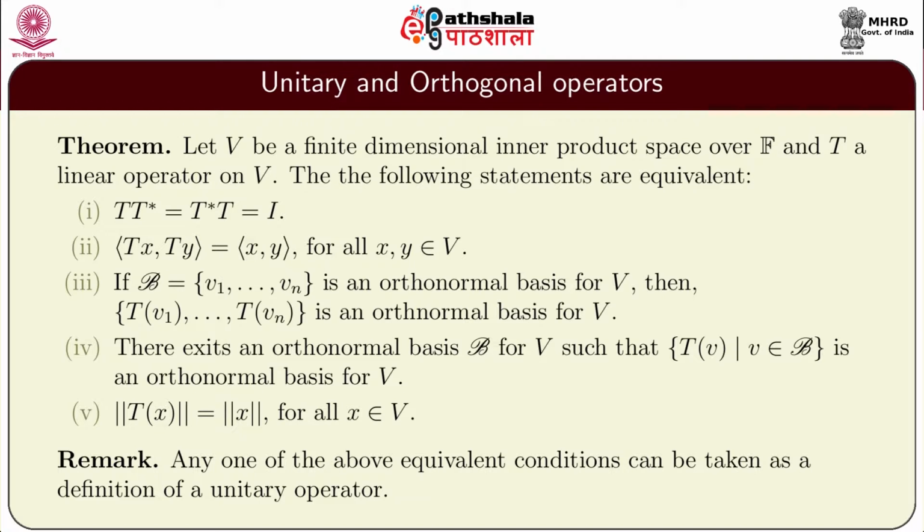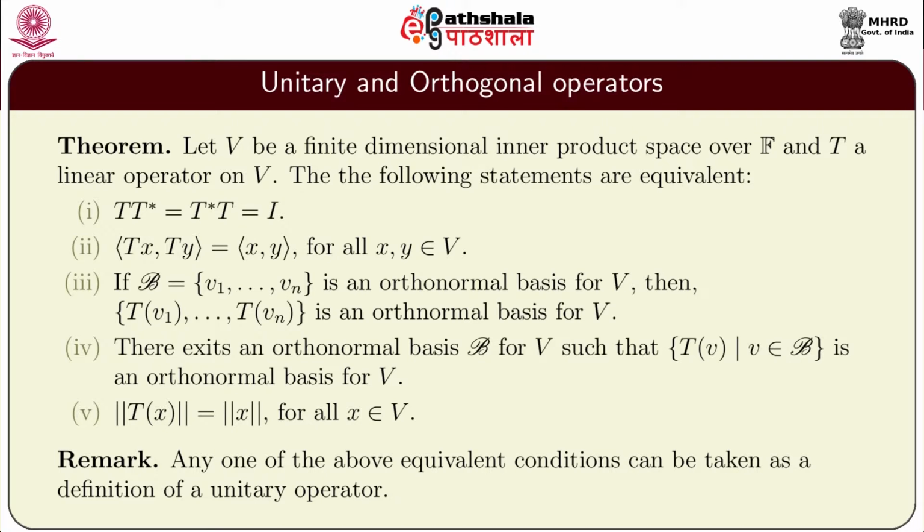Statement 1: T star T is equal to T T star is equal to I. 2: inner product Tx, Ty is equal to inner product x, y for all x, y in V. 3: if B is equal to the set containing v1, v2, ..., vn is an orthonormal basis for V, then the set containing Tv1, Tv2 and so on up to Tvn is an orthonormal basis for V. In other words, T maps an orthonormal basis to another orthonormal basis.